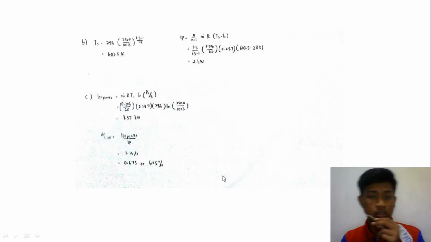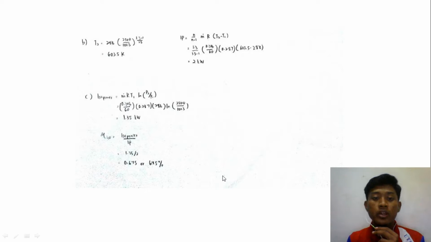Second, the question asks us to find the indicated power. Before we continue with finding the value for indicated power, first we have to find the value for temperature 2. The formula for temperature 2 is T2 is equal to T1 times P2 over P1 to the power of n minus 1 over n. So we substitute all the values into the formula.